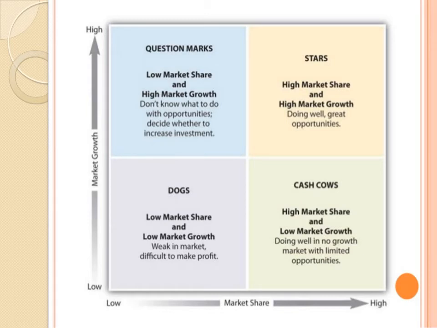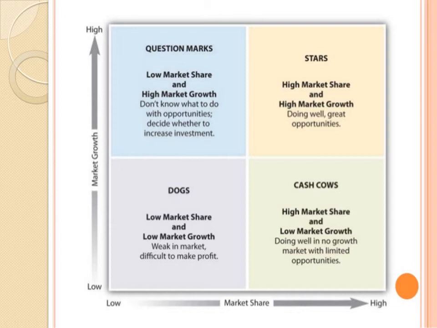Here you can see low market share and high market growth: you don't know what to do with the opportunities, and must decide whether to increase the investment. Here the question marks come. Then high market share and high market growth: you are doing well and have great opportunities, so these are the stars.